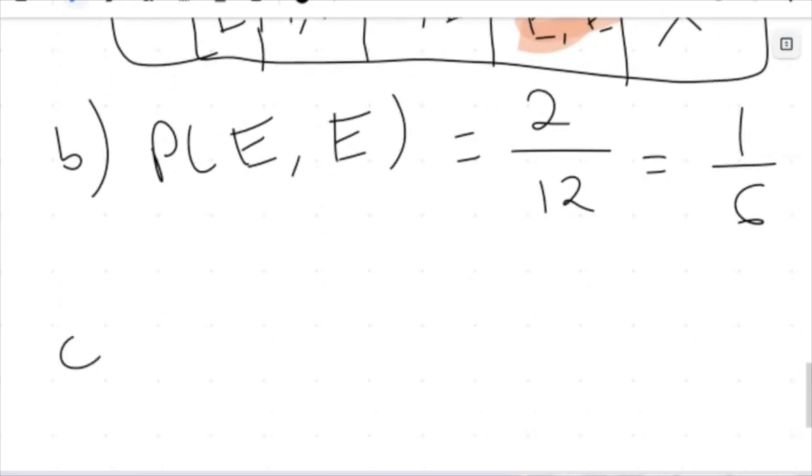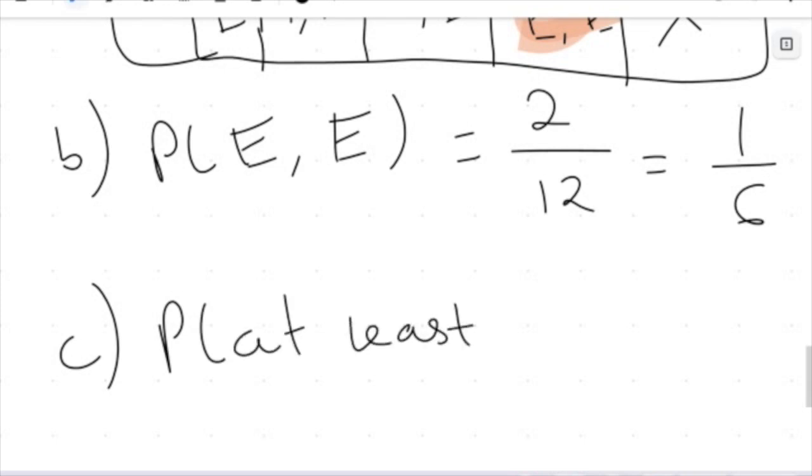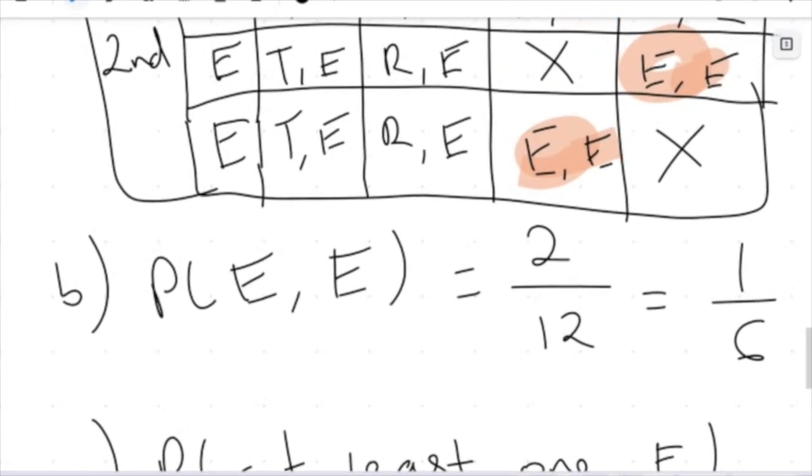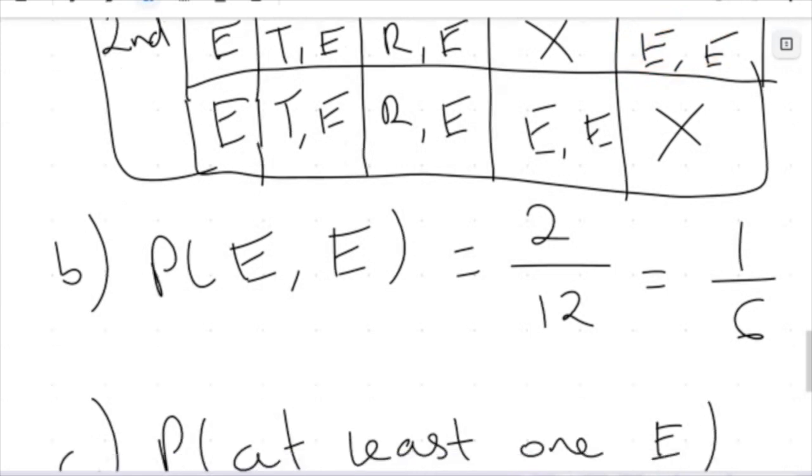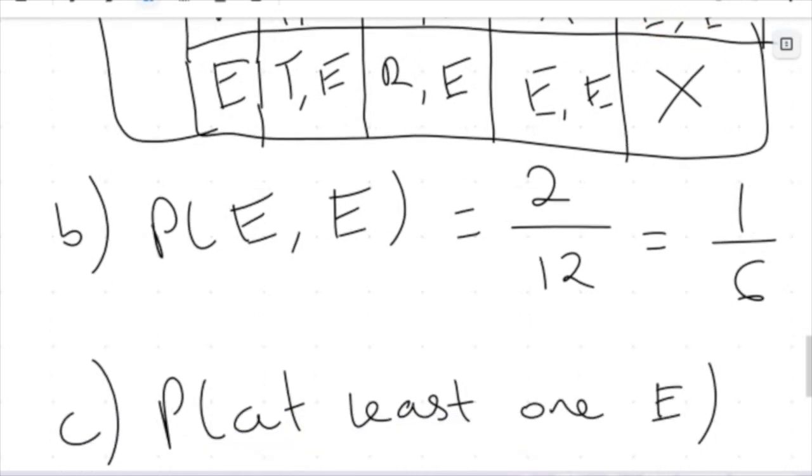And finally, this is where the wording is important: the probability of at least 1 E. This is going to be different, because remember in the previous example, if I wrote just 1 E, I would locate the ones with just 1 E. But this at least means 1 E or more.